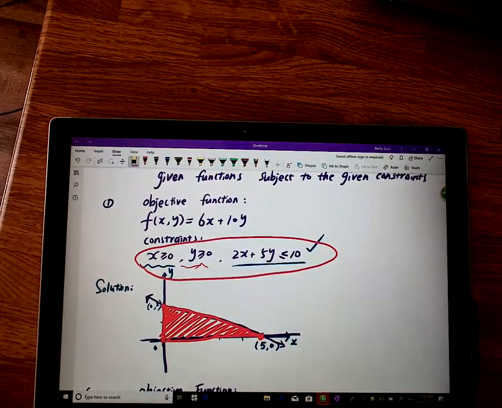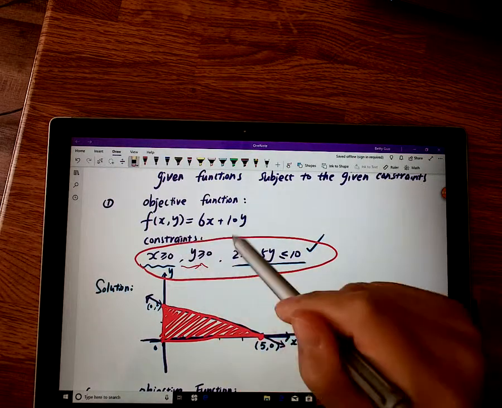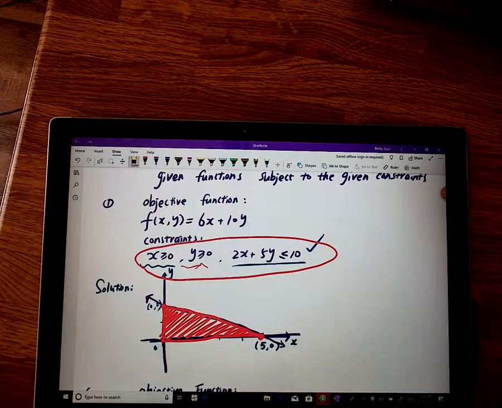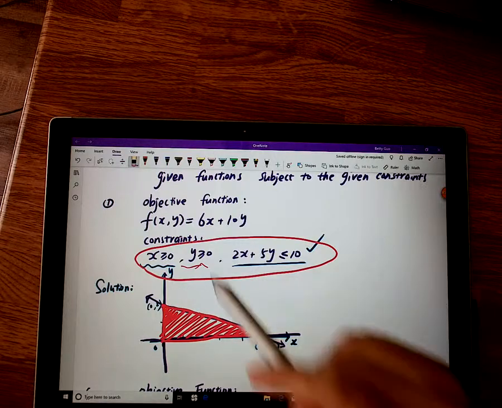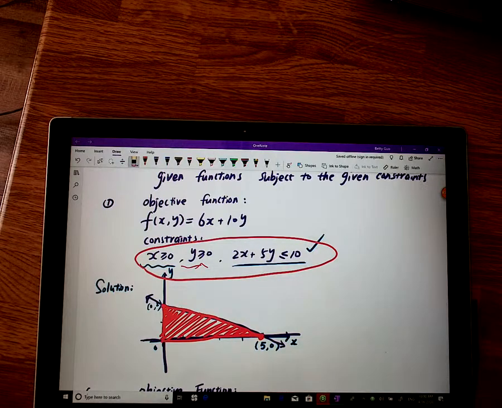Then how do we maximize and minimize the objective function? What does the guideline say in the second step? Step 2, identify the objective function. That is given already, so we don't have to identify it. Sometimes you do, if the problem is more complicated.